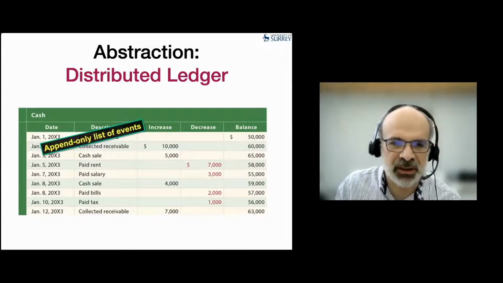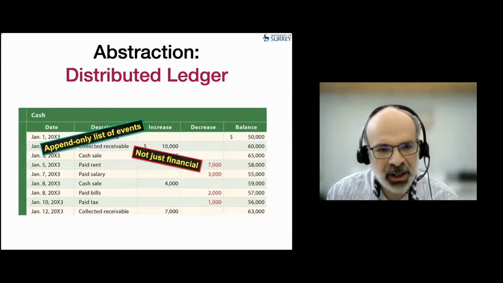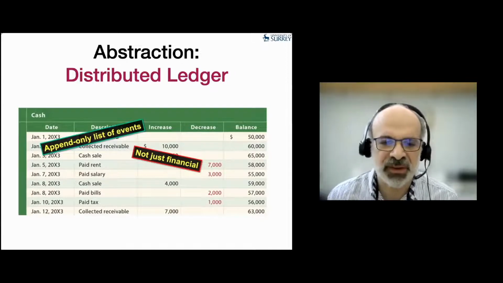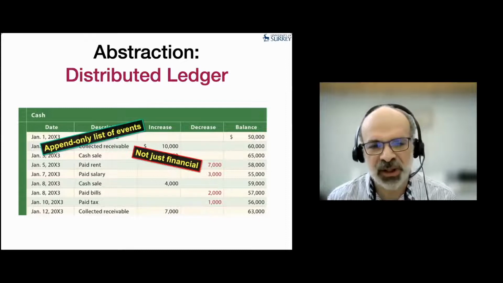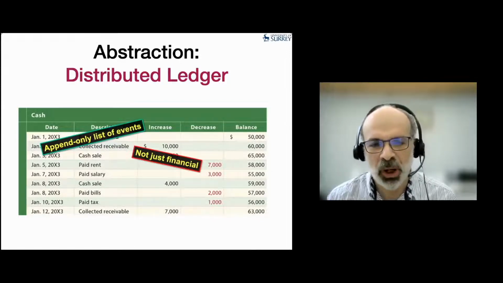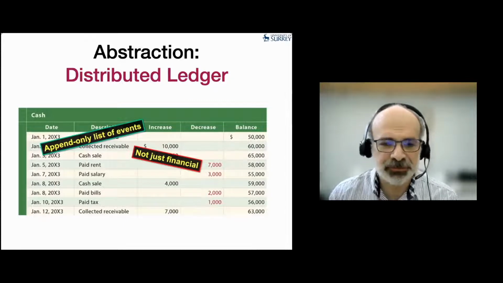So this is a distributed ledger, and these events are not necessarily just financial. Networks such as Ethereum, for example, allow arbitrary state machines to be implemented on top of them.